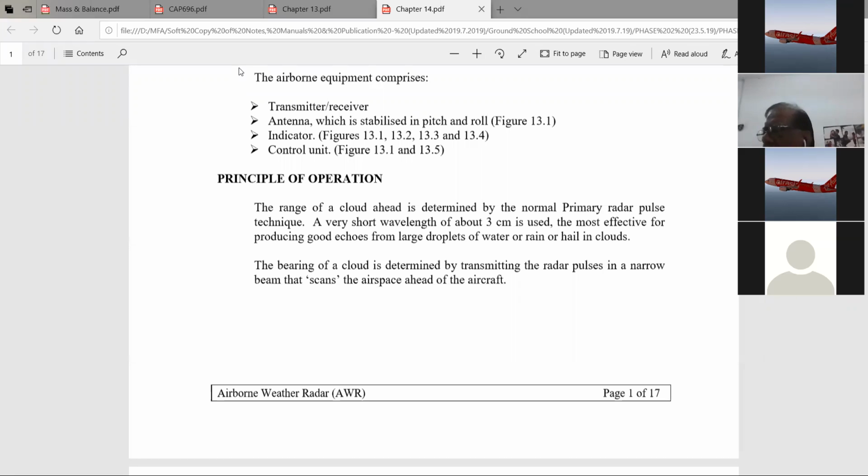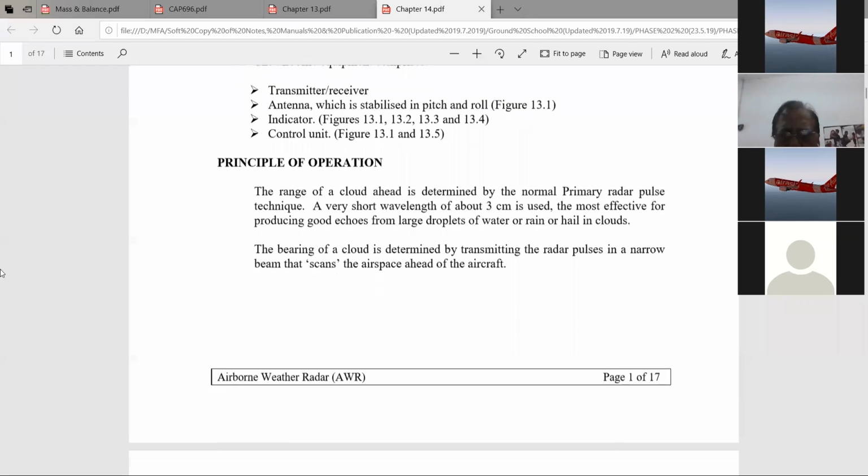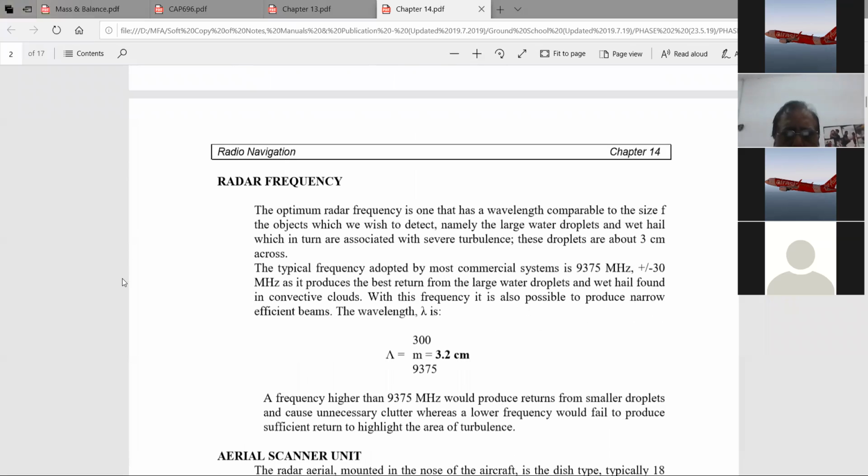The basic principle is that you use the weather radar to transmit radio pulses. The antenna is normally located in the nose of the aircraft, and you transmit from the nose of the aircraft. This beam strikes a particular cloud patch, and the return comes back, giving you the approximate range of the cloud.